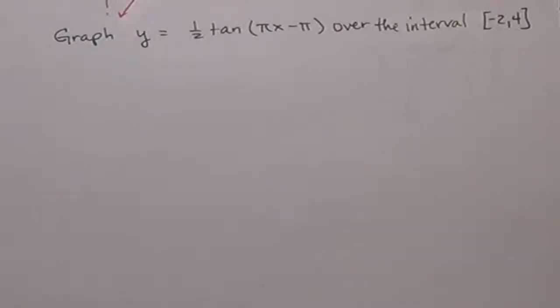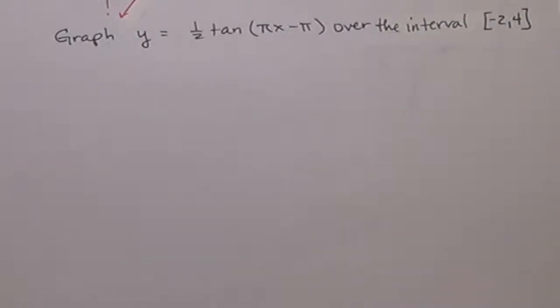Let's look at one more. So here we want to graph y equals 1/2 tangent of pi x minus pi over the interval from negative 2 to 4. Here again, we're going to start by rewriting the function and finding our values for our variables.